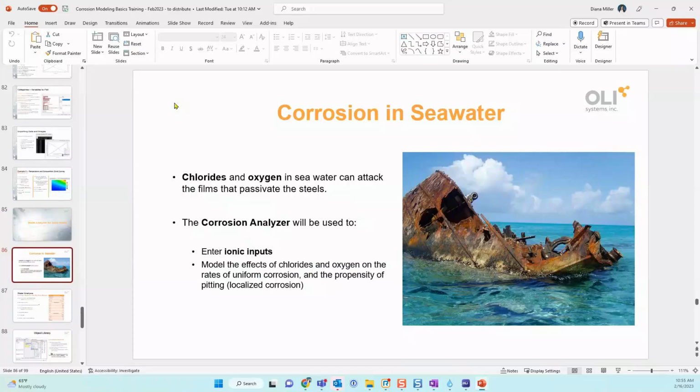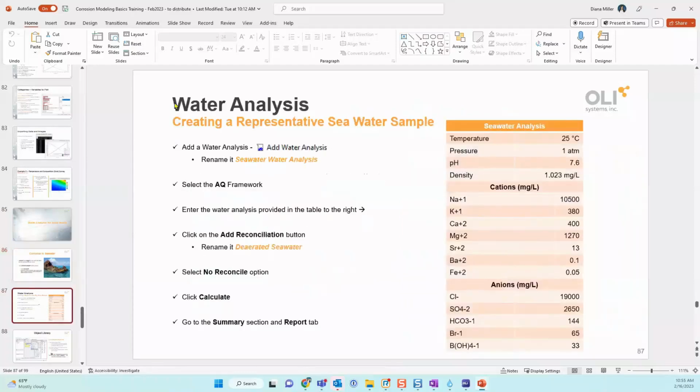So what we are going to study in the next example is how to enter this water analysis. And then I'm going to show how to do surveys. Let's say if you have oxygen, if you have chlorine, if you have some other components, how to study the effect of these different components in the seawater.